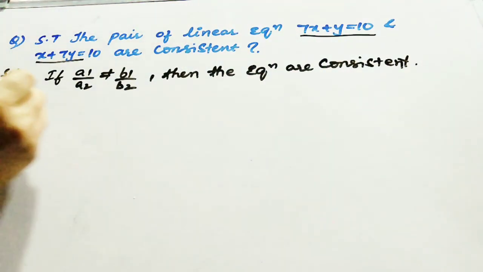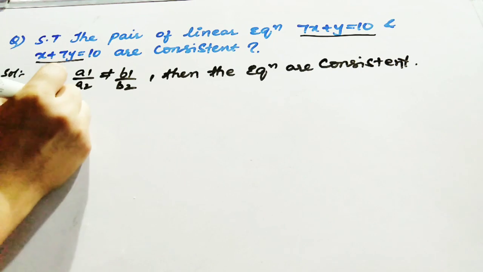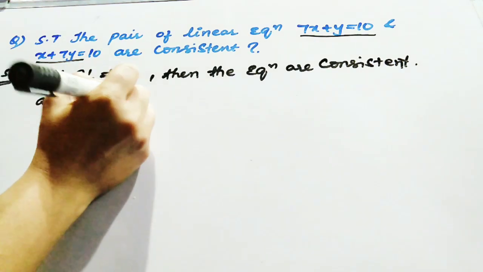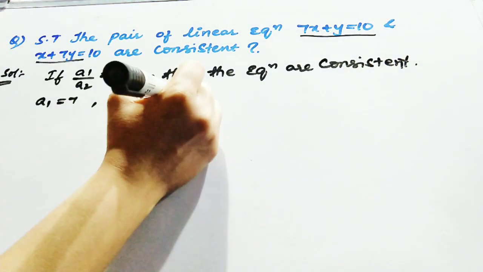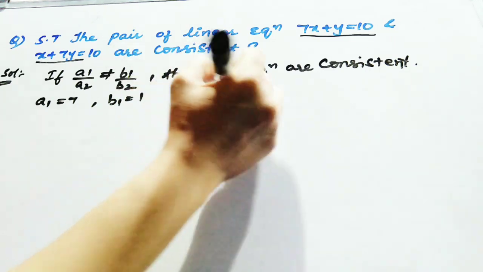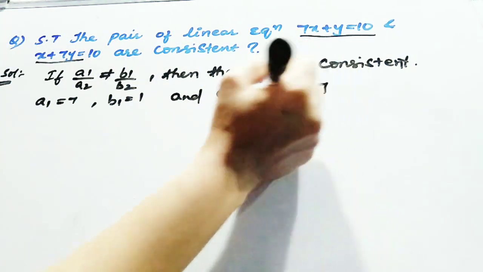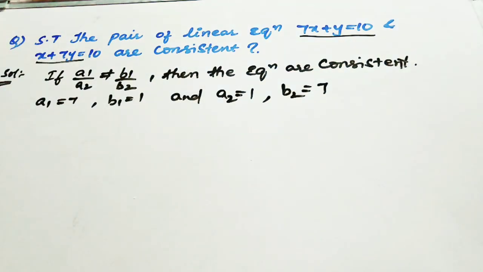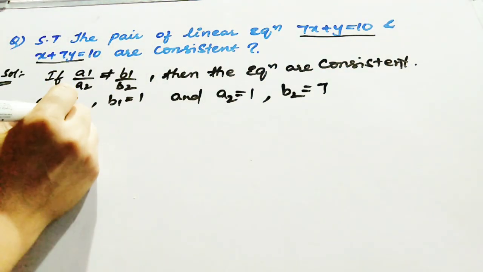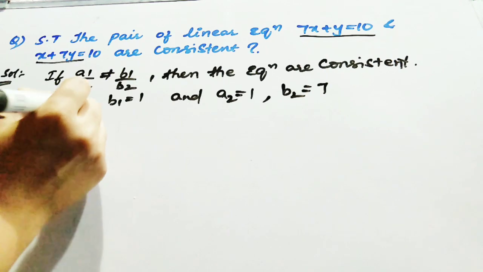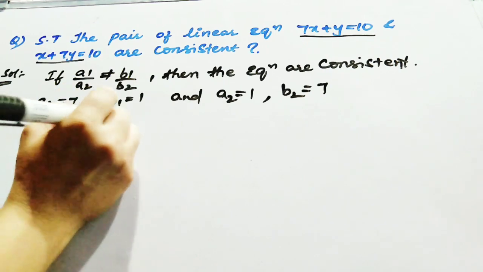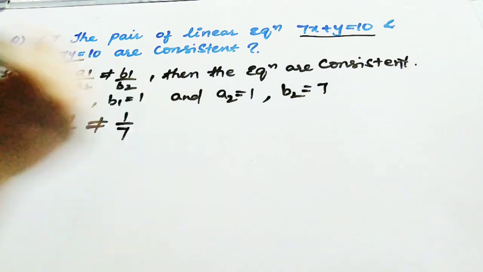So what is the value of a1? It is 7, b1 is 1, a2 is 1 and b2 is equal to 7. Just substitute. So 7 by 1 is not equal to 1 by 7.